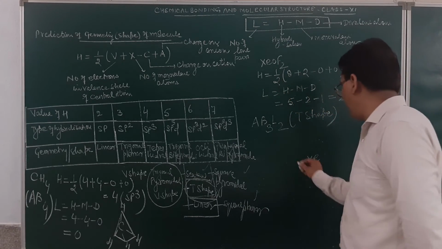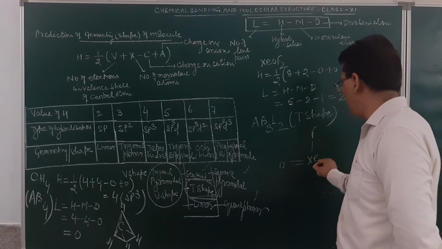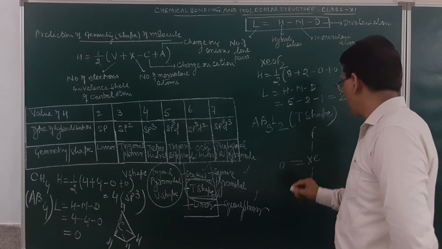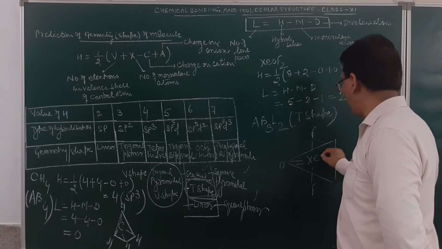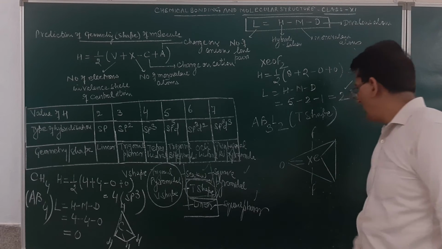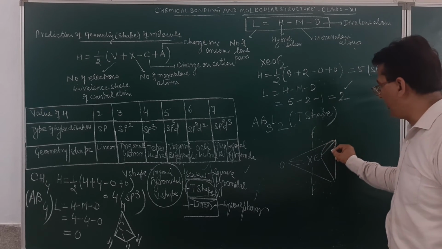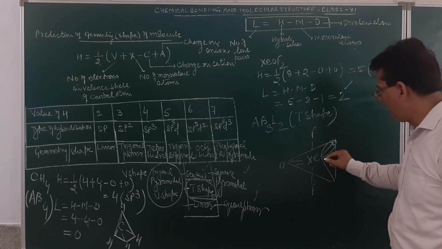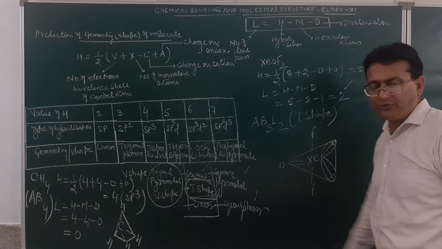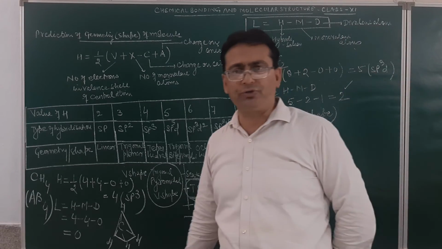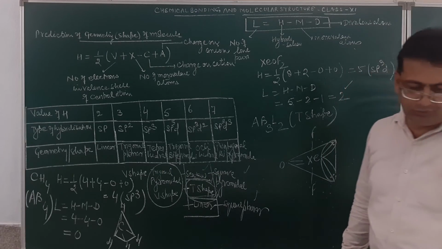Suppose this is oxygen, this over here will be fluorine and this will be fluorine. At two of the equatorial positions, we will have a lone pair of electrons. Here again, we will have a lone pair of electrons. So this will be the shape of xenon oxyfluoride, which appears to be a T-shaped molecule.